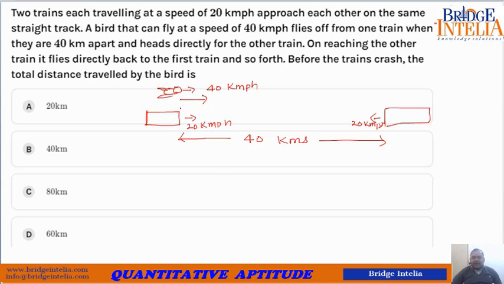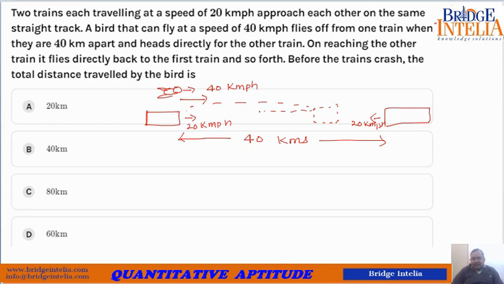So what is this bird doing? The bird flies towards the other train. But please remember, the train is not stationary. Both the trains are moving towards each other. So the bird will not meet the train here, but the train must have moved some distance forward.